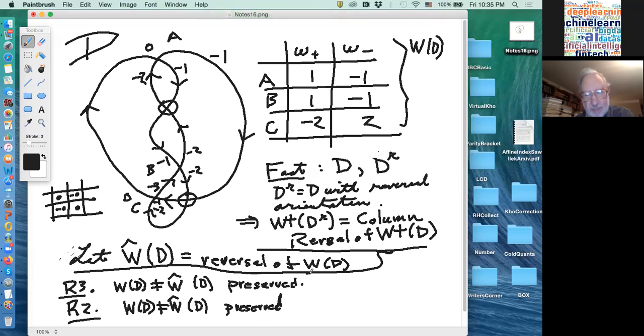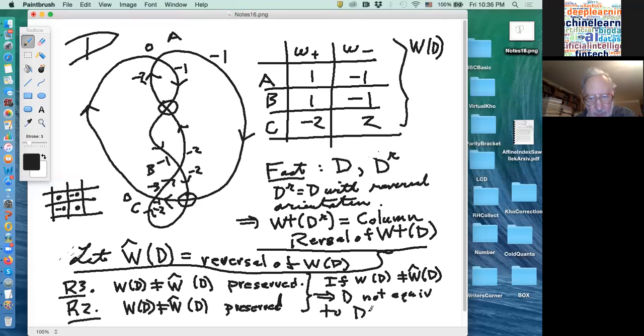What's the conclusion? That if W of flat D is not equal to W hat of flat D, then D is not equivalent to D reverse.